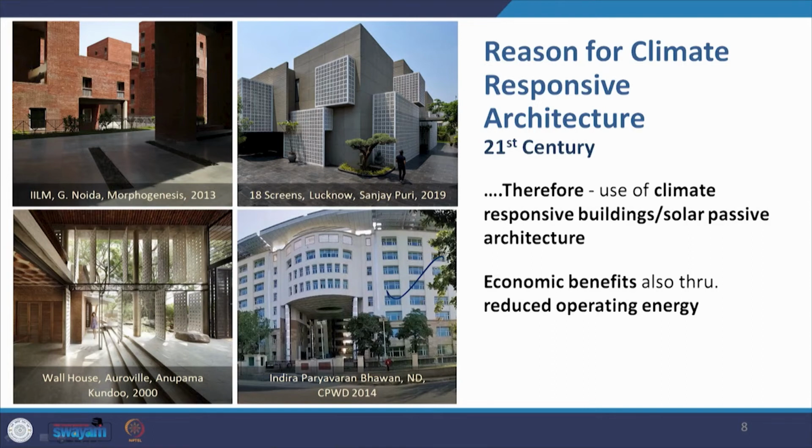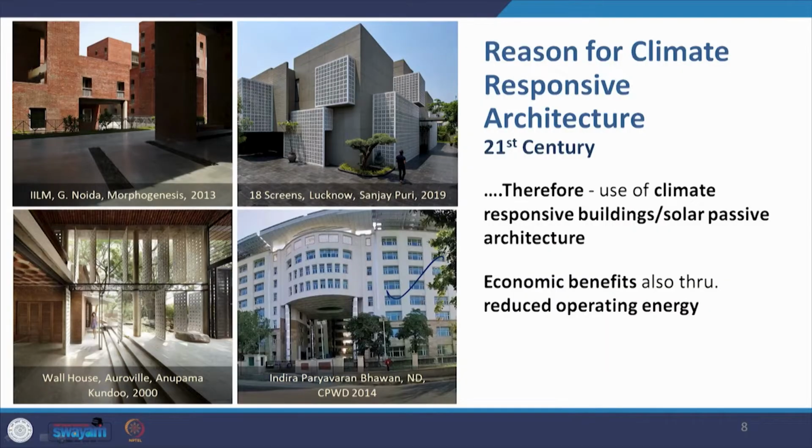Now therefore, the use of climate responsive architecture, solar passive architecture becomes vitally important. We see that appearing in these 21st century buildings. We see that in the IALM building by Morphogenesis, 2013, in Noida. We see that in Sanjay Puri's house, the 18 Screens in Lucknow, in 2019.